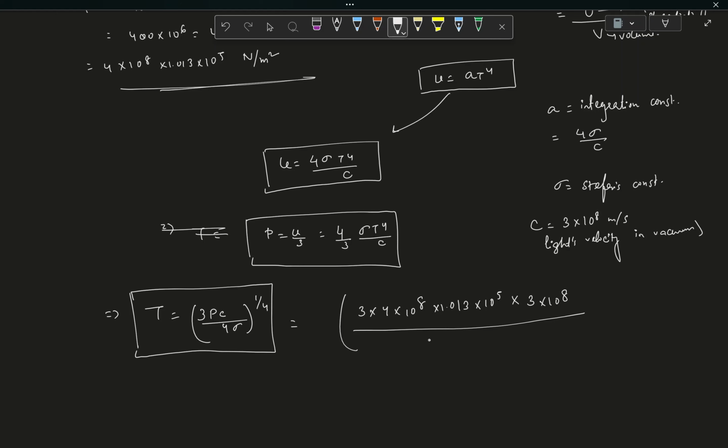So this is divided by 4 into sigma. Again you have to use the value of the Stefan's constant. The question does not mention the Stefan's constant by value, but you have to remember it, so you can use it here: 5.67 into 10 to the power of minus 8.